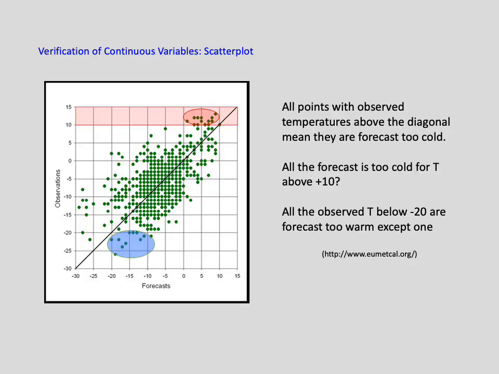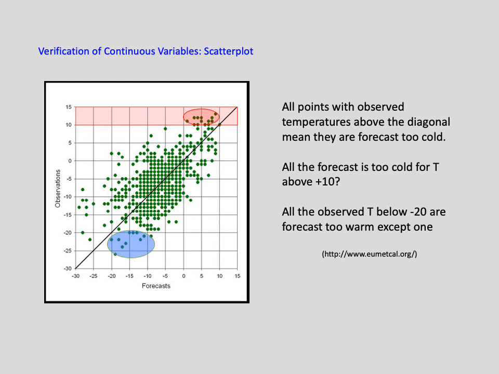Scatterplot is a simple but useful method for the verification of continuous variables. Here is an example. Suppose this is a scatter plot for temperature forecast. The forecast is on the horizontal axis, and the observation is on the vertical axis.